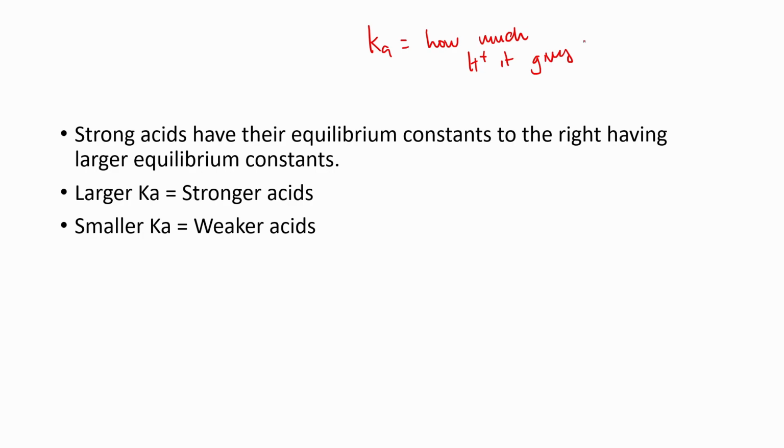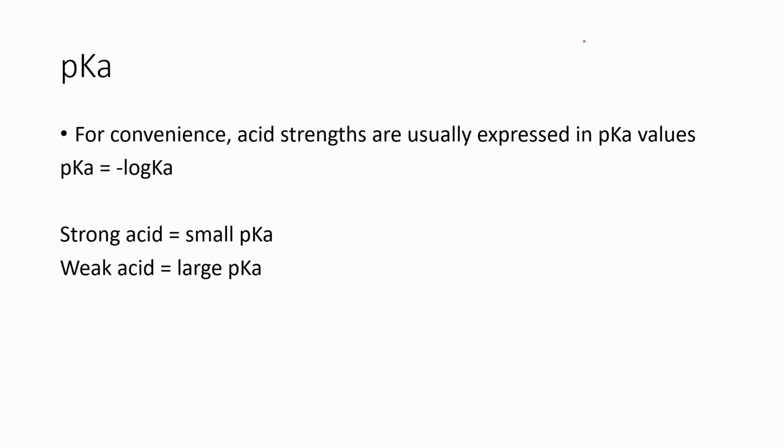Now, since Ka will still be very small, it's an unwieldy unit to hold, so we have changed it into pKa. We do not usually see Ka in normal practice. What we see is pKa.